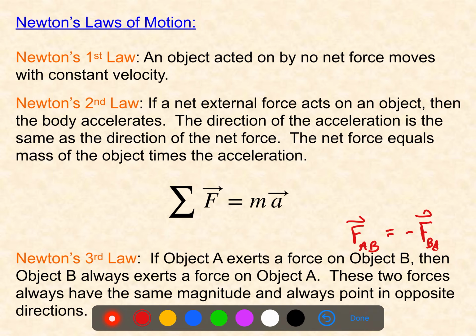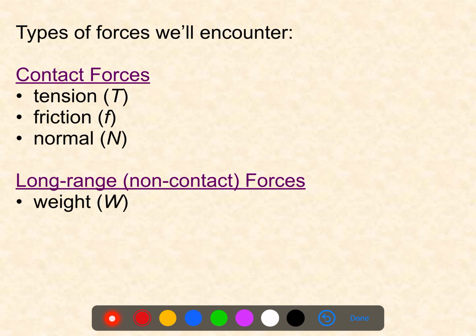So before we start looking at some of those problem scenarios, let's start to enumerate some of the types of forces that you might run into. This is by no means an exhaustive list of all the forces that exist, but these are the common ones that you'll see in some introductory Newton's laws problems. So there are the contact forces that we're going to encounter, such as tension, friction, and something called the normal force, as well as any applied forces that someone might push or pull an object with.